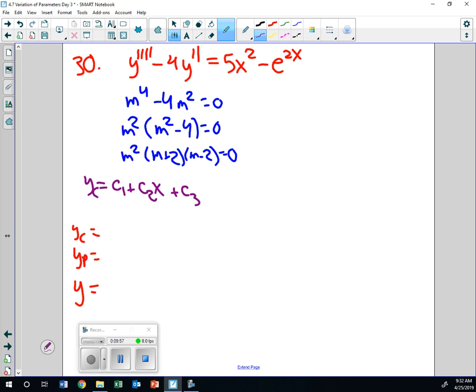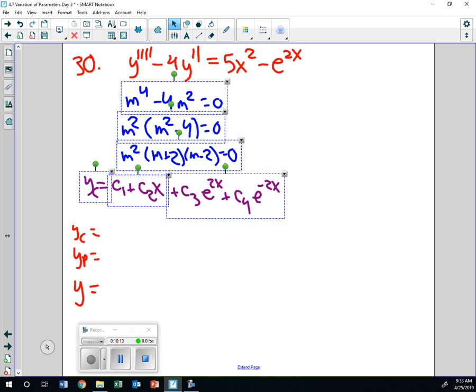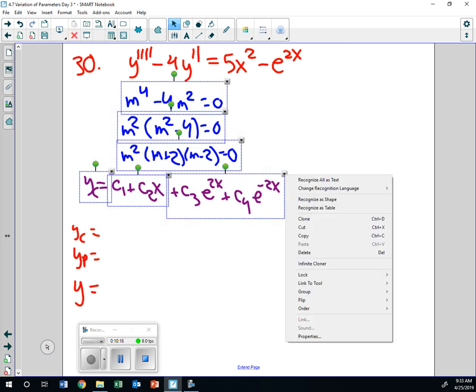Then it'll be c3 e to the, they usually do the positive first, and then they do the negative. Okay? So then, we took care of that part. Hang on to it, save it for later.